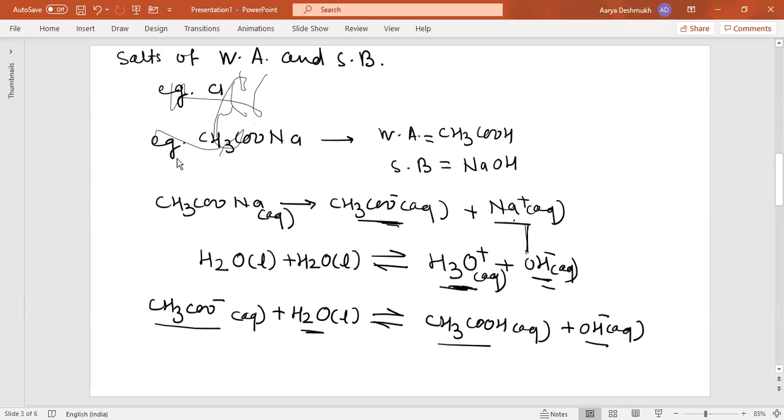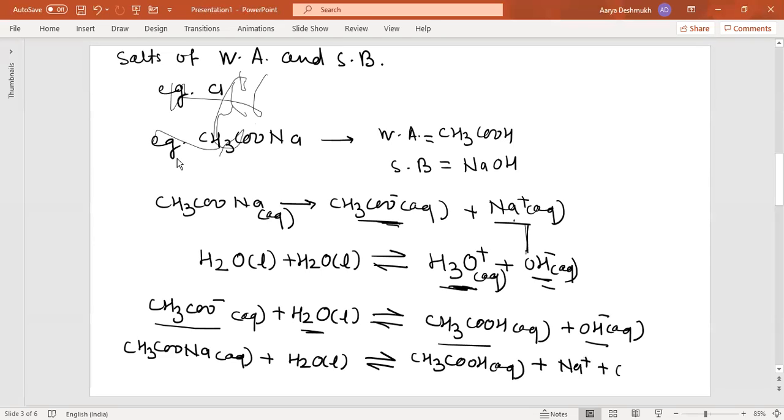Now the equilibrium reaction for this sodium acetate, because we are talking about the salt, so we need to consider this salt also. This undergoes hydrolysis, again reacting with the water molecule, and the reaction would be CH3COOH plus Na plus and OH minus. Now excess OH minus ions are produced.